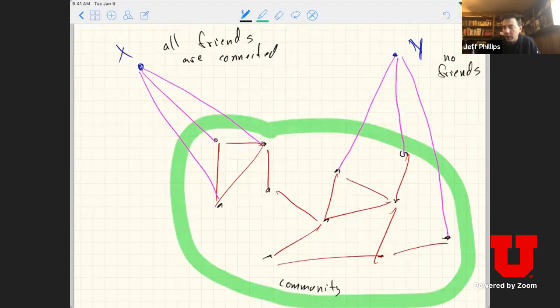If you notice, Xavier's 3 friends within this community all have edges between each other, but with Yolanda, the 3 friends in the community don't know each other, even though they're all inside the same community.